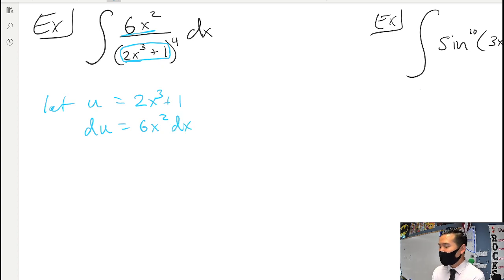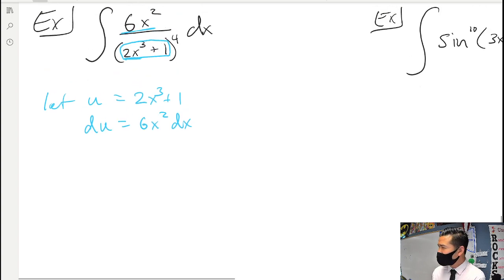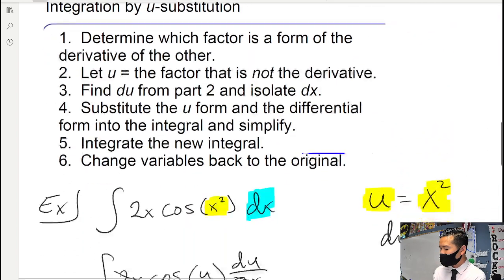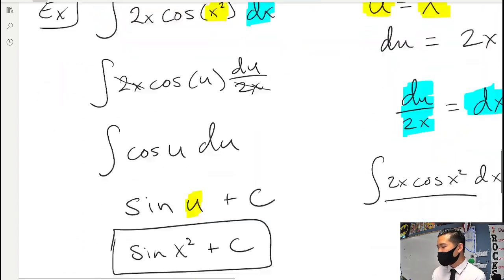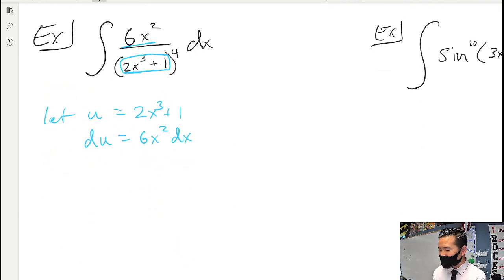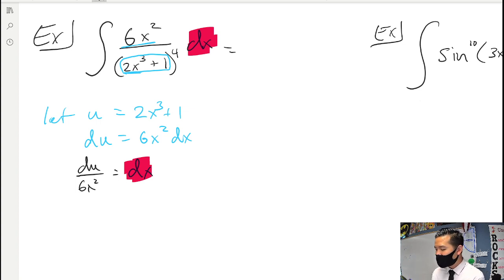Step 3, or is it still step 2? I think it's still step 2. Find du, step 3: find du from part 2 and then isolate dx. I'm going to isolate it by dividing both sides by 6x squared, so I end up with du over 6x squared equals dx. That's what I'll replace my dx with.